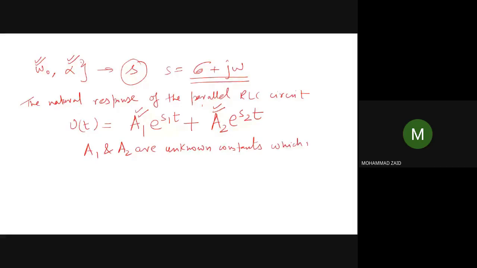So there are two initial conditions now, and from those two initial conditions we have to determine these two constants. A1 and A2 are unknown constants which need to be determined.